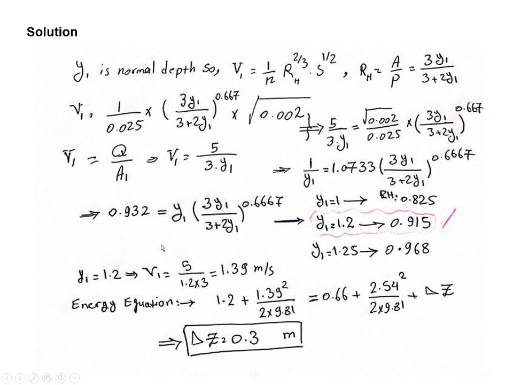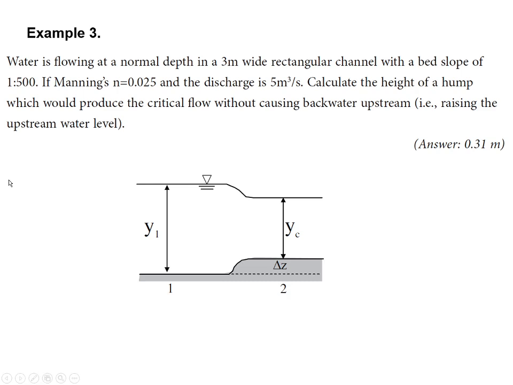In the next section, I will talk about the visualization of the specific energy, and in that lesson, we will see why, when the water surface drops above the hump, it cannot pass yc, and it can only reach yc.